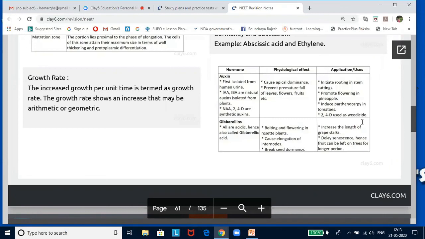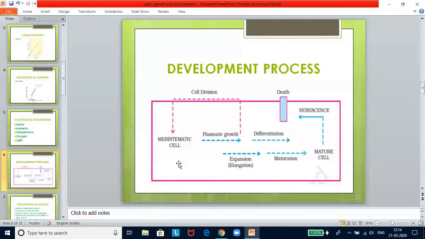There are many chemicals synthesized by chemists that cause various physiological responses common to IAA. Some of the examples of synthetic auxins are 2,4-D, that is 2,4-dichlorophenoxyacetic acid, and 2,4,5-T, that is 2,4,5-trichlorophenoxyacetic acid, naphthalene acetic acid, etc. Now, let us look at the functions of these auxins.